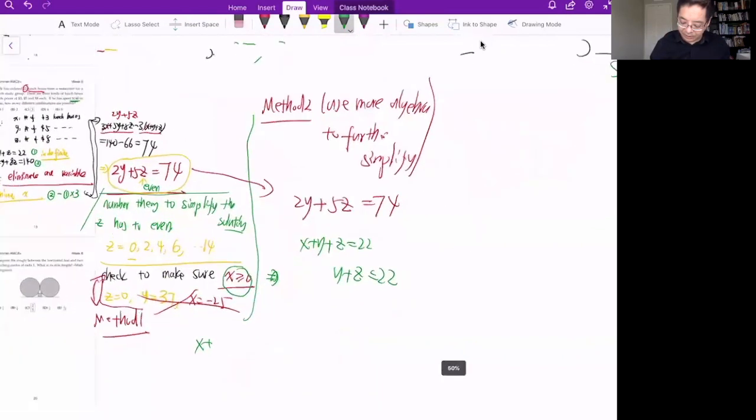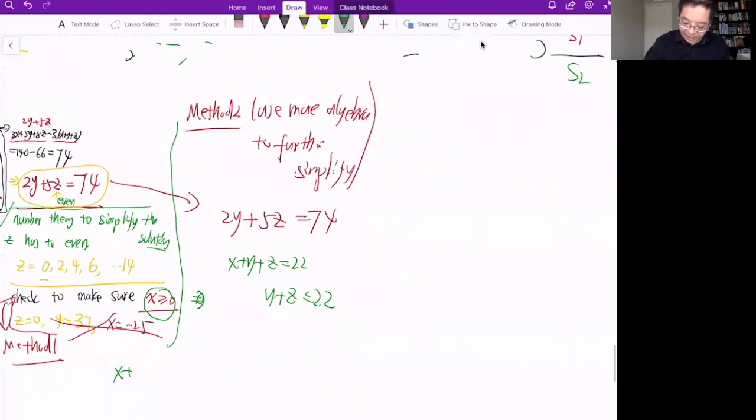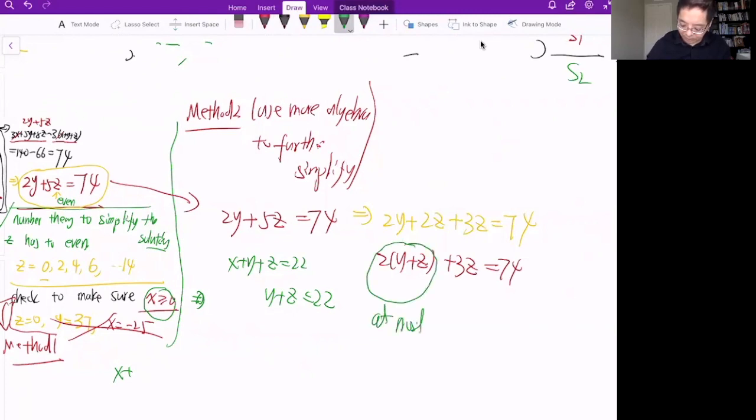Now combine this. We can have from here 2y plus 2z plus 3z is 74, right? So I have 2y plus 2z plus 3z is 74. Now this part is at most 44.